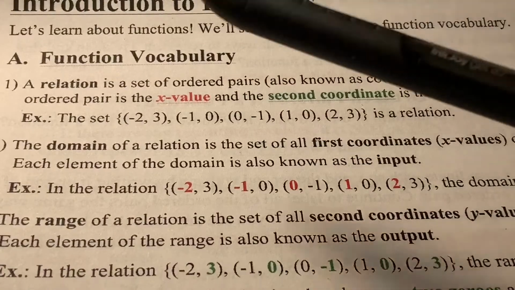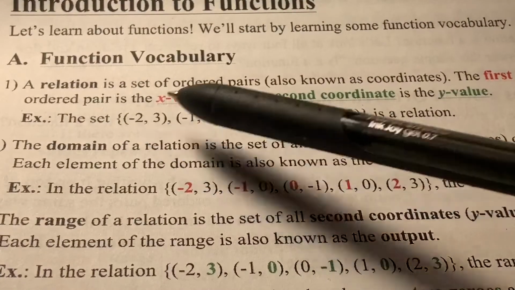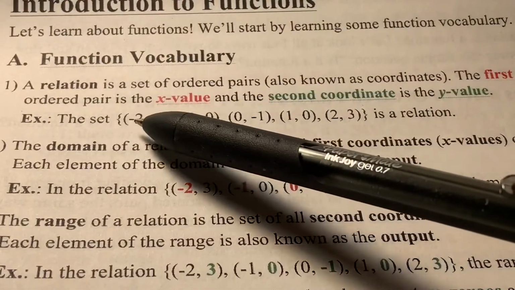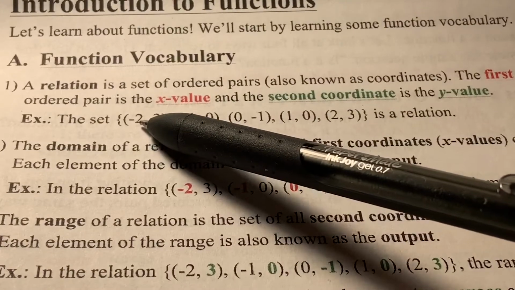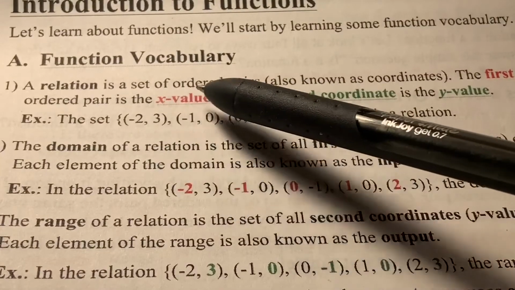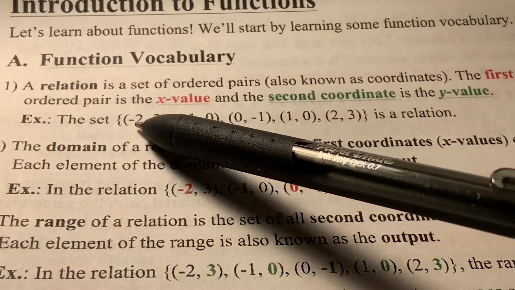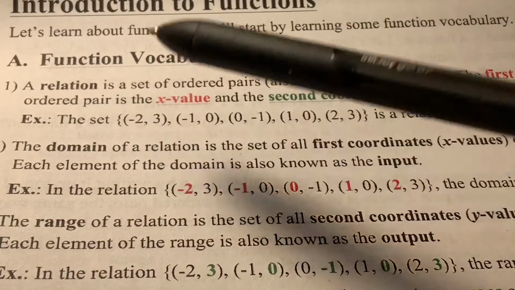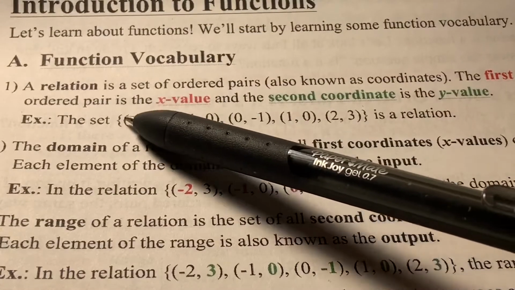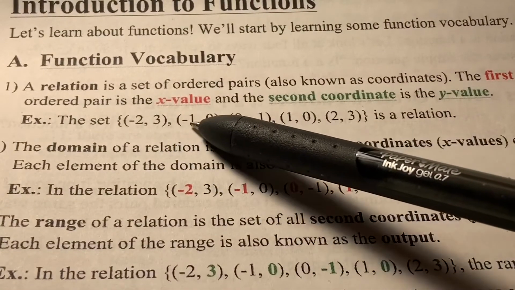All right. Again, the first value, or the first coordinate, is called the x value or x coordinate. The second value within the parentheses of each ordered pair is the y value. So again, the first number here, first coordinate, is the x. The second number is the y for this first pair. And then same thing with this pair. We have our x and then we have our y.